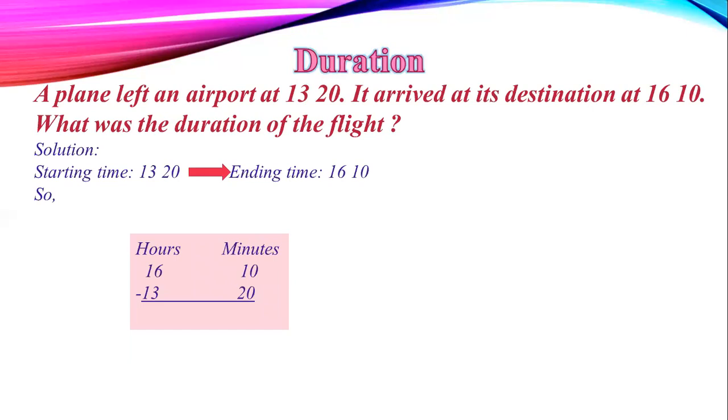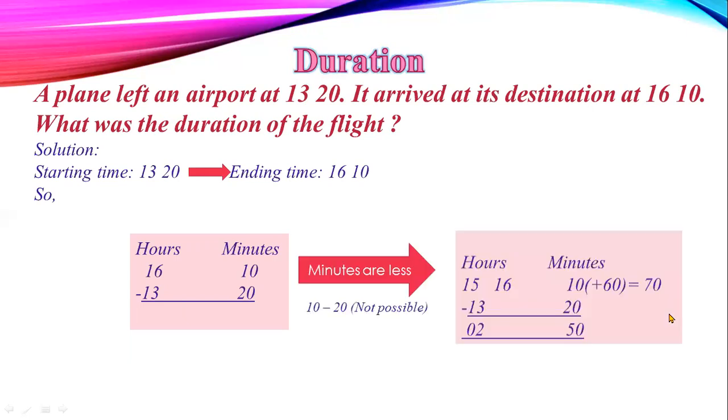16 hours 10 minutes subtract 13 hours 20 minutes. 10 minutes cannot subtract 20 minutes. Minutes are less. It's not possible. So what are we going to do? We are going to borrow 1 hour from 16 hours and add it to 10 minutes, which will be equal to 70 minutes.